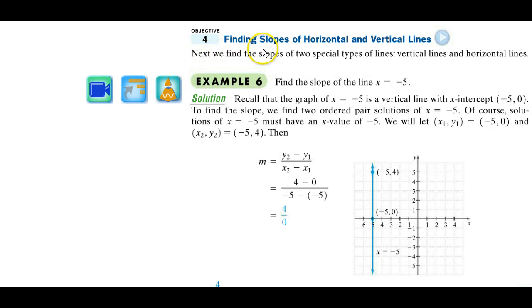Now, objective 4 is to find the slope of horizontal and vertical lines. Well, here, this is a vertical line, x equals a. It looks like this. If we put 2 points into our slope formula, interestingly, it comes out 4 divided by 0. Now, in mathematics, we said we don't define anything divided by 0. But that's what the slope is coming out as.